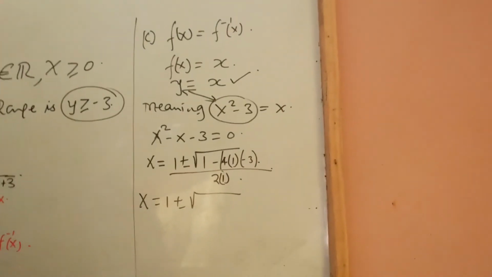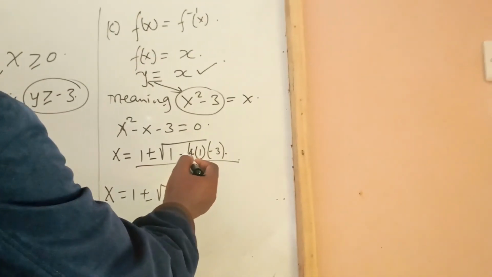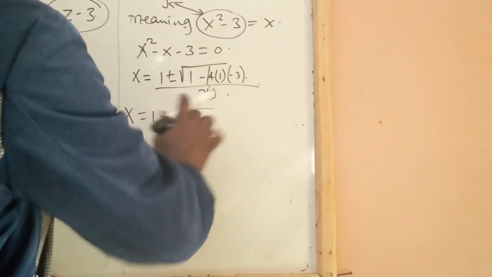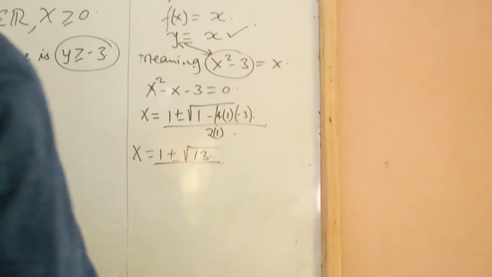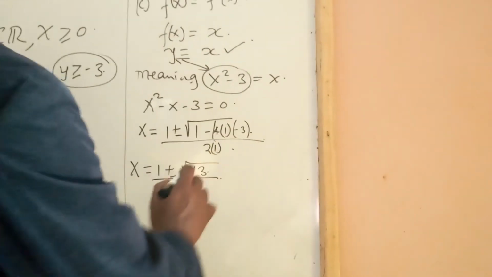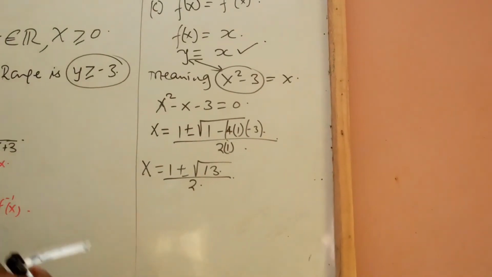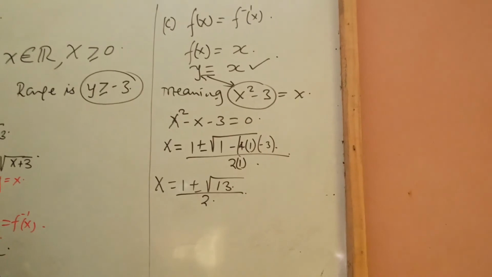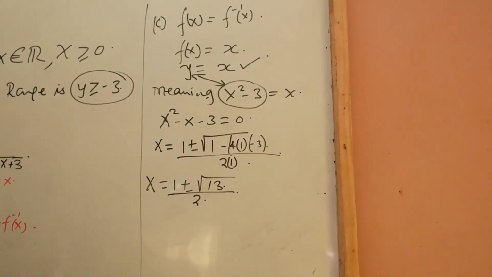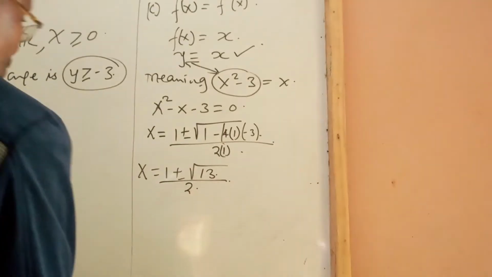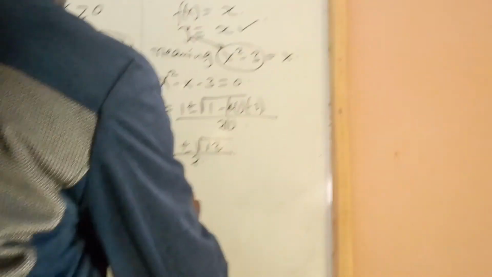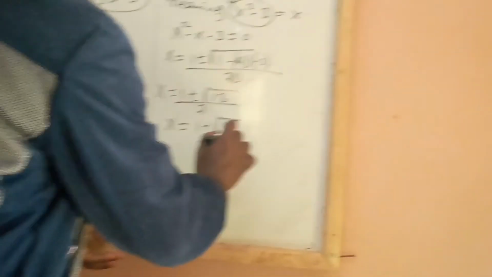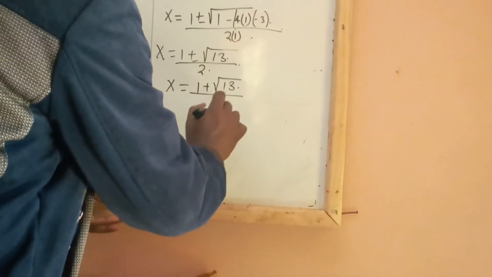That means everything under the square root becomes 13, over 2. So if you specifically want to give the values of x, you can talk about x being equal to 1 plus the square root of 13, everything over 2.